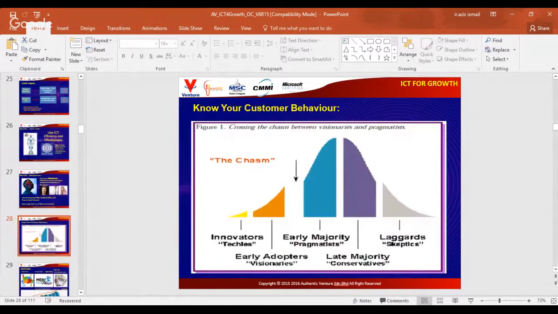Of course, this is for those of you who are in the high-tech industry or IT industry. This is another one, the one that you must understand, the customer behavior. When you start building your product, you are going to attract all these innovators and the early adopters or visionaries to actually use your product. These people, they like new technology. They like to look at how the new technology will help them to become more successful.